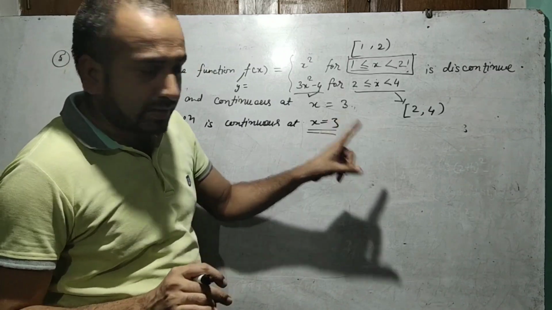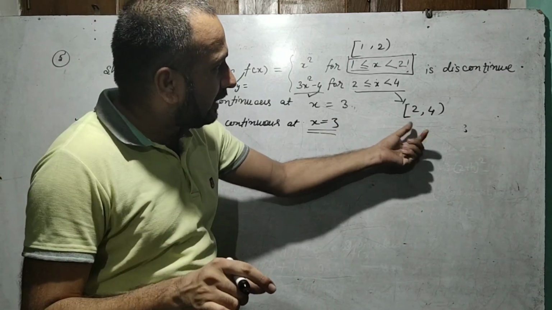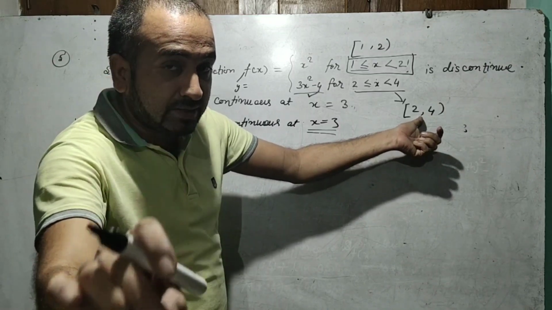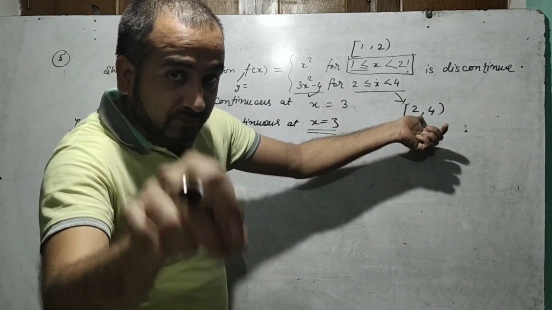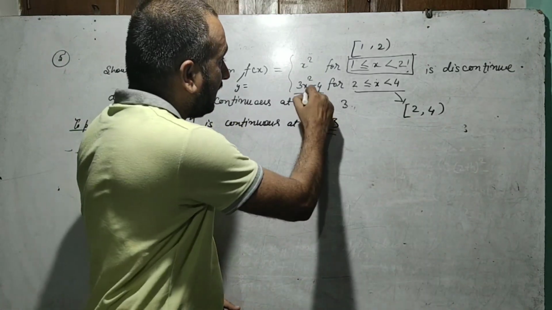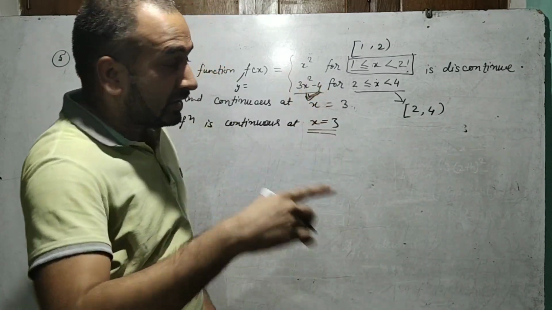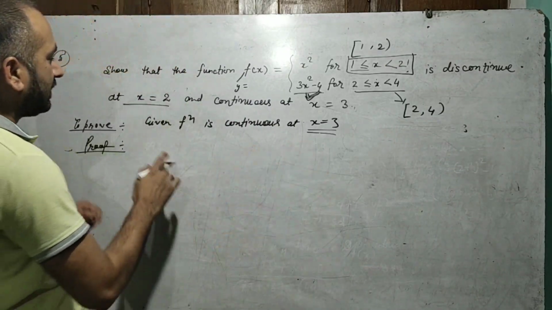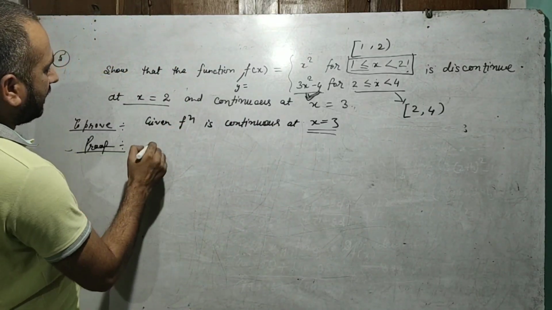Listen students, this is a very important part. Here x is equal to 3, and this x already belongs to this interval, which means the function, for the left hand limit and the right hand limit, f(x) will be 3x square minus 4. Why is it so? Let's see.